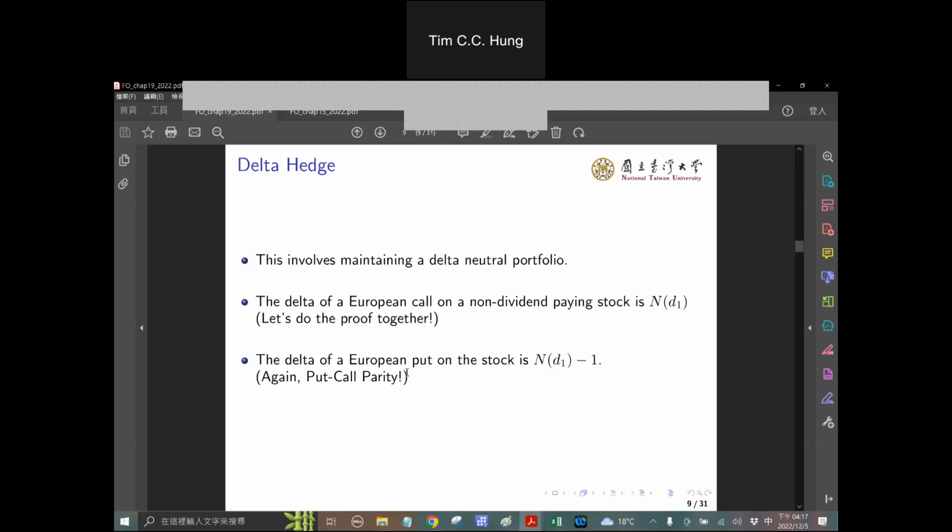Let's look once again at d1 and d2. d2 can be rewritten as d1 minus sigma square root T, and the sigma square root T term has nothing to do with S. So partial d2 over partial S0 and partial d1 over partial S0 are the same, since S0 stands in exactly the same position in their formulas. Now we can rewrite this as S0 multiplied by N prime of d1 minus K exponential of negative rT times N prime of d2.